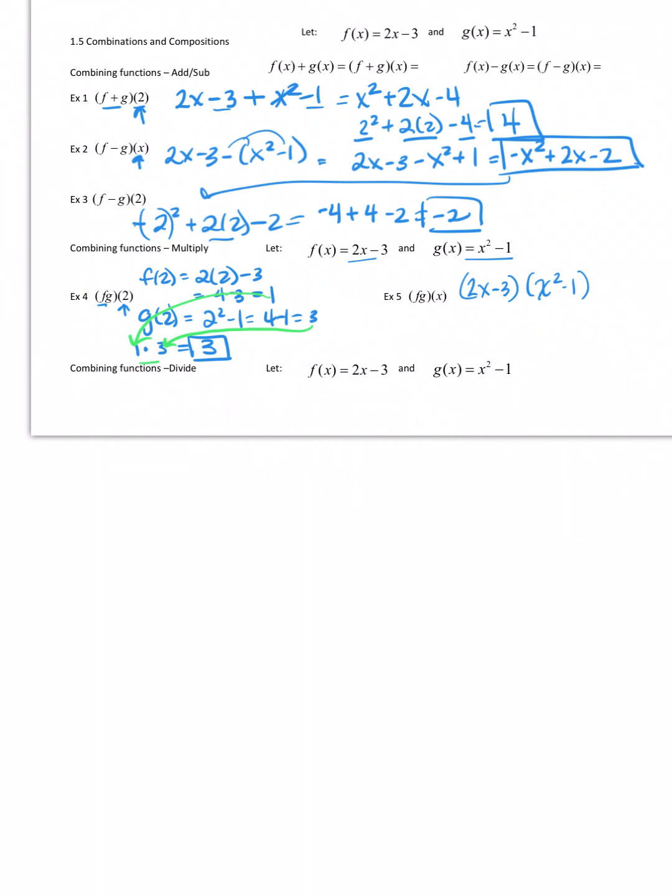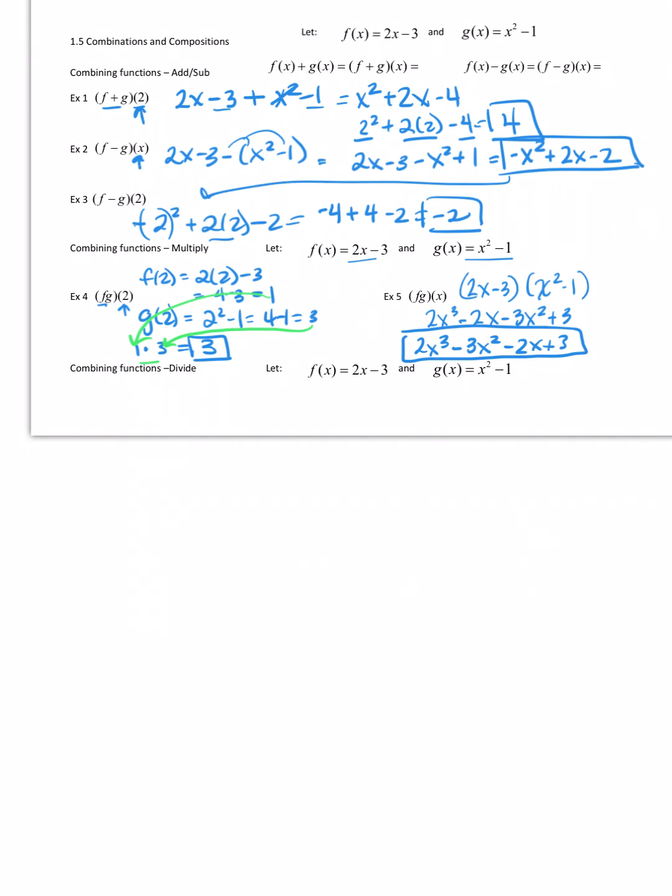So first terms, I'll have 2x to the third, outer minus 2x, inner minus 3x squared, and last is plus 3. Now let's put it in exponent order. So 2x to the third minus 3x squared minus 2x plus 3. And that's how I have to leave my answer because it doesn't give me anything to evaluate x for.